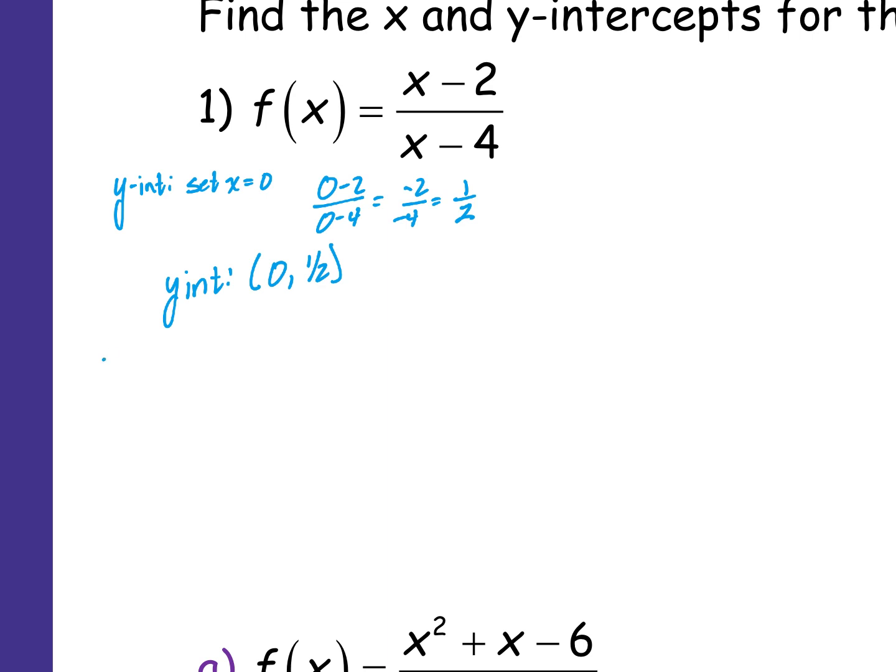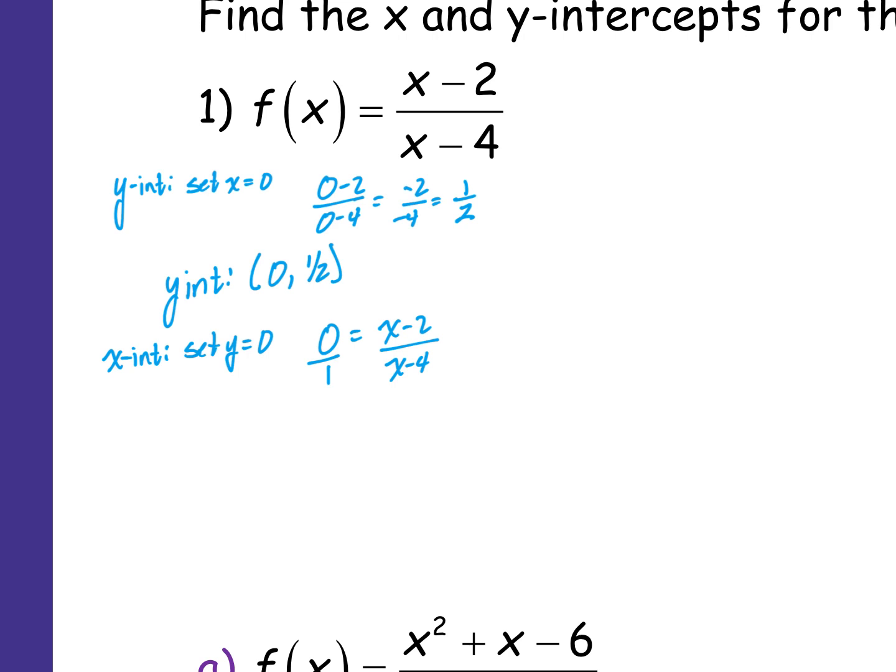To find your x-intercept, really you set y equal to 0, right? I'm going to show you why I only have to do the numerator. If y is equal to 0, it looks like this: 0 equals x minus 2 over x minus 4. Then you cross multiply.